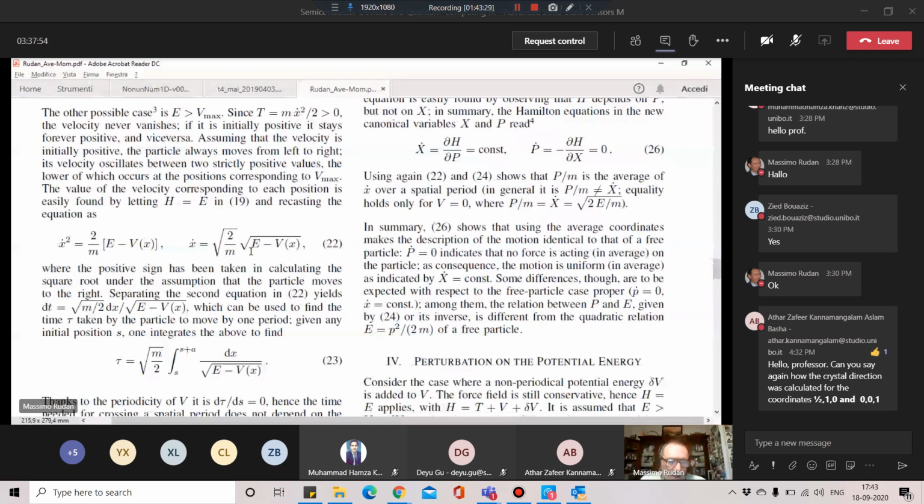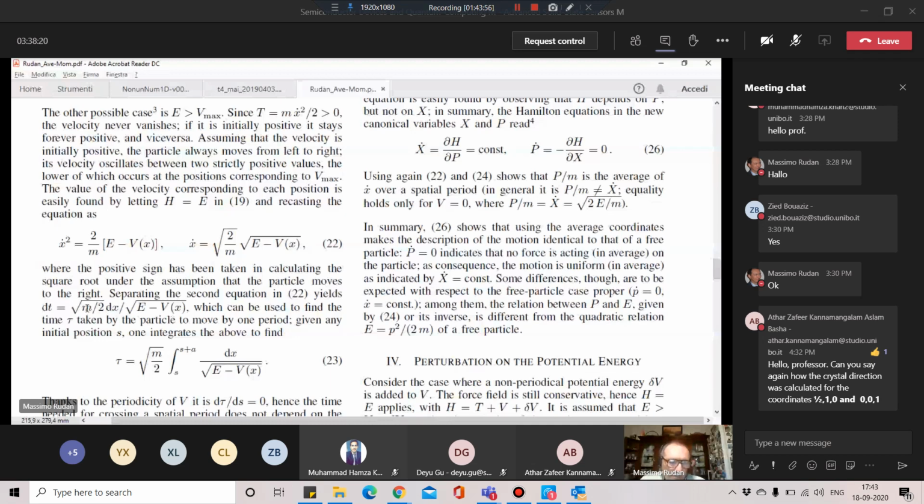You see, this equation is separable because we can express x dot as dx over dt, then we bring dt to the right, we bring this quantity to the denominator on the left, and after the separation we have this, okay?